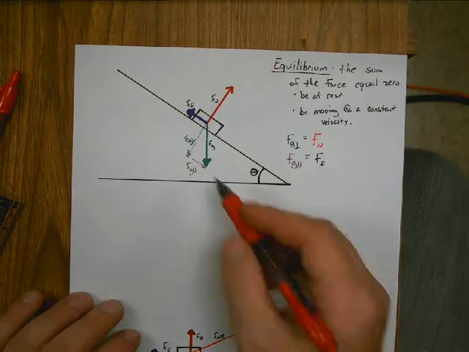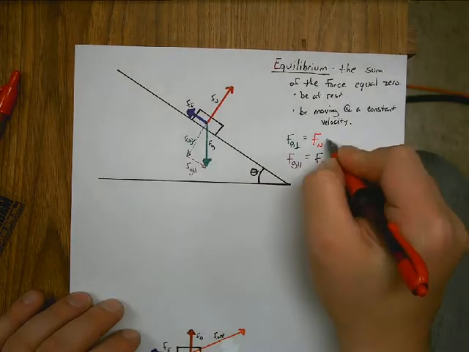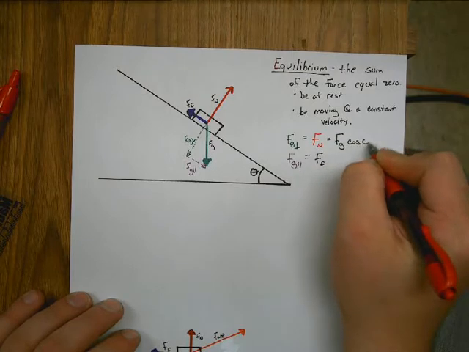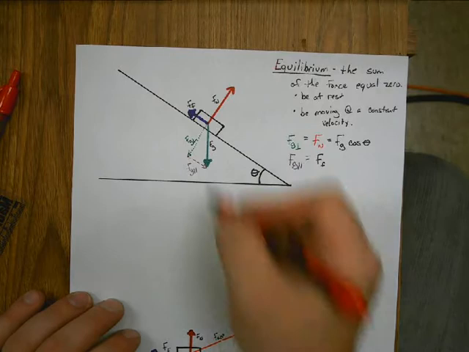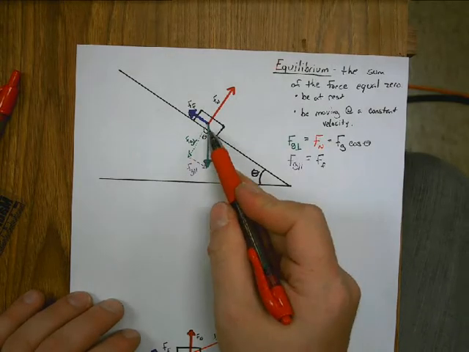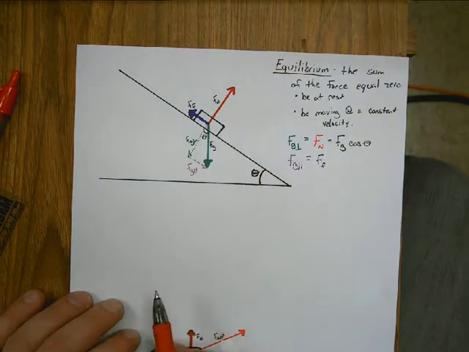So in this case, I gave you the equation that F sub n also equals F sub g cosine theta. Because if that's theta right there, then this is theta, and F sub g perpendicular is our adjacent side, so it's cosine.